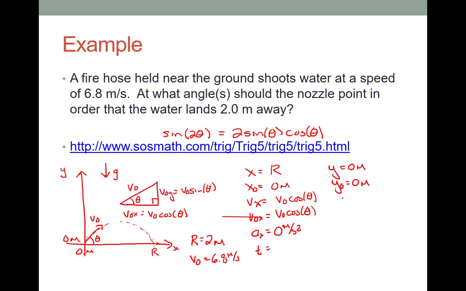Okay, vertically it starts and stops on the ground, so 0 it is. I can again invoke symmetry. Since I'm starting and stopping at the same height, my final velocity will be the same as my initial velocity, but in the opposite direction. So there's a negative sign.